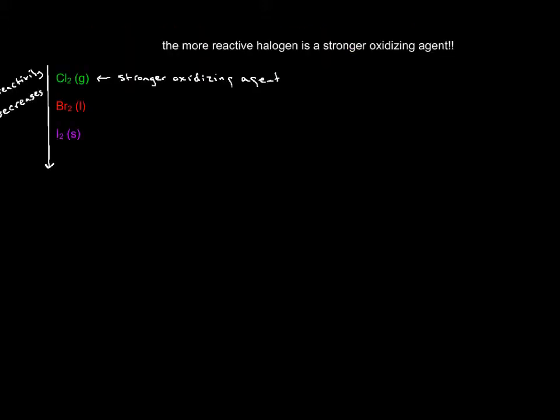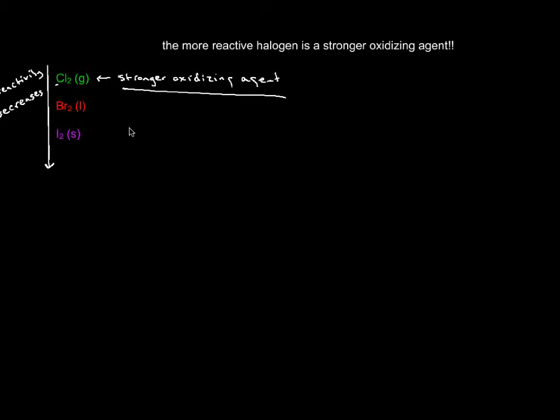Now if you look at halogens, then if you go down group 7 from chlorine, a green gas, bromine, a red liquid, and iodine, a blackish, purplish solid, this is what happens. Chlorine is going to behave as an oxidizing agent, the strongest oxidizing agent in this group, and it's going to gain electrons and go through reduction, meaning it can displace.